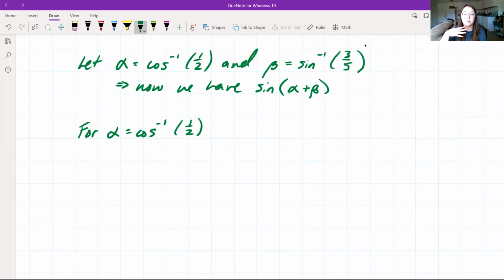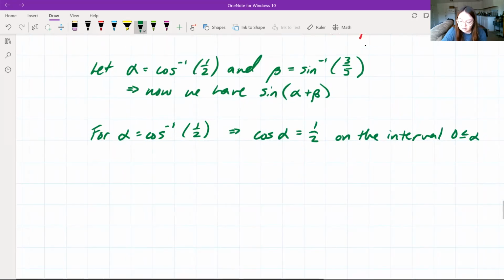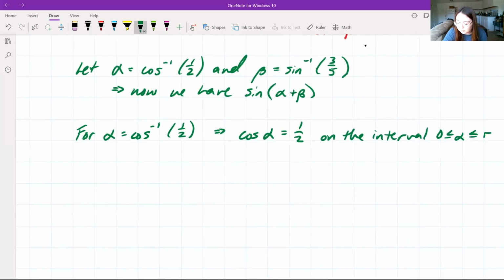This is going to cancel out our cosine inverse. Then we get cosine of alpha is equal to 1/2, which is now on the interval alpha greater than or equal to 0 and less than or equal to pi. All right, so now we have a specific equation.